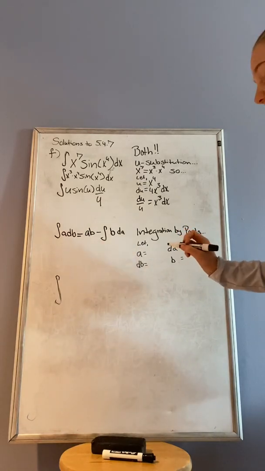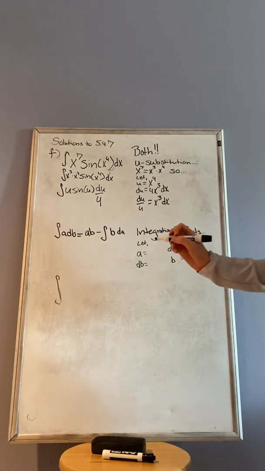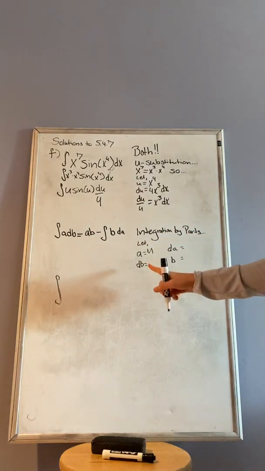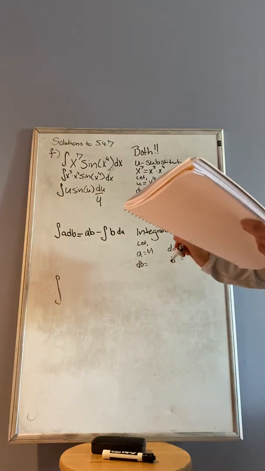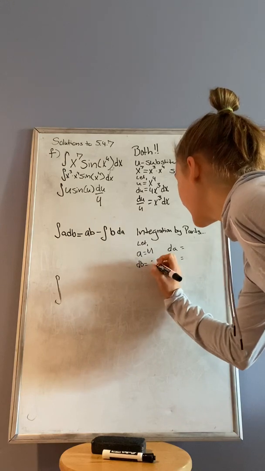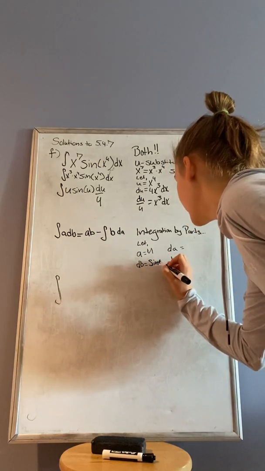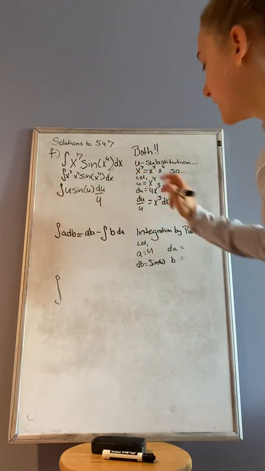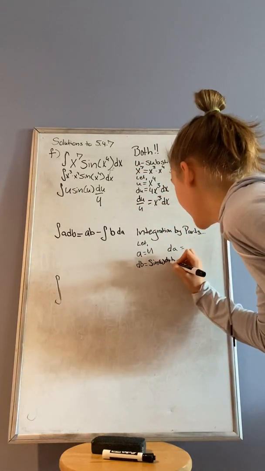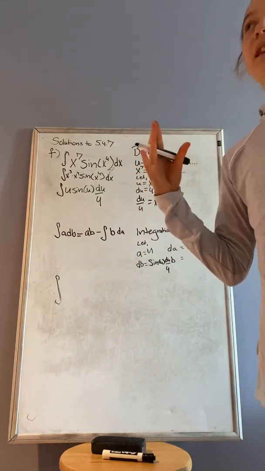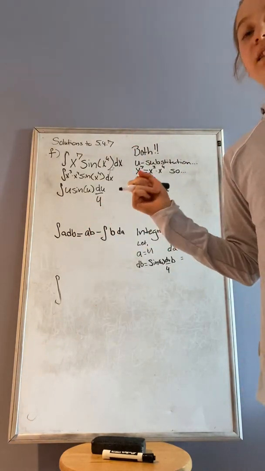So we are going to let a equal u, and we're going to let db equal sine of u, and we have this du over 4. And I'm not bringing the 1/4 out because I think I'll probably just forget that it's there.